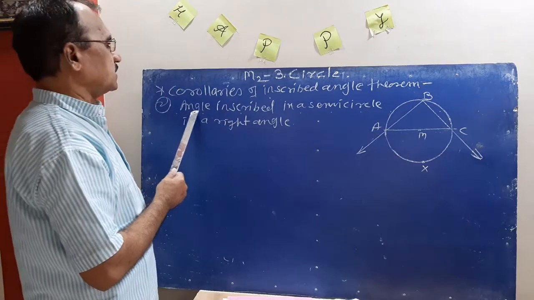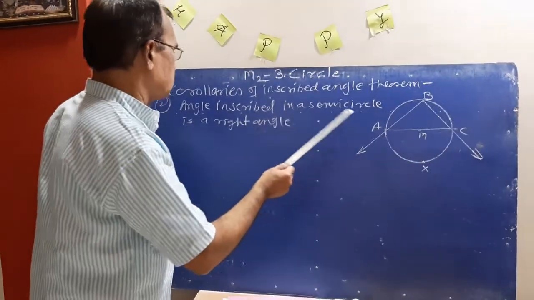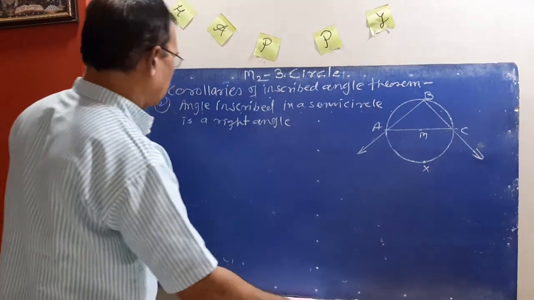And our corollary is: an angle inscribed in a semicircle is a right angle.